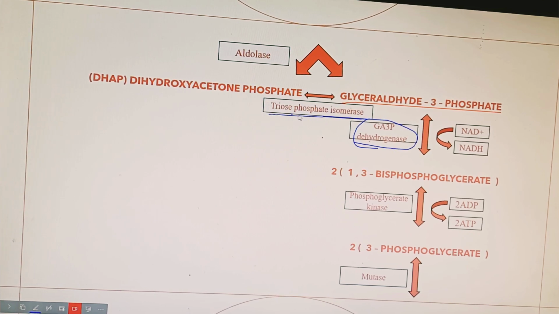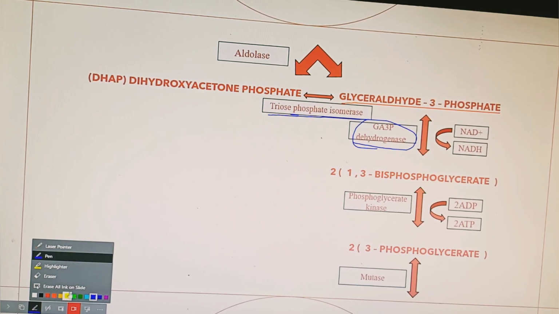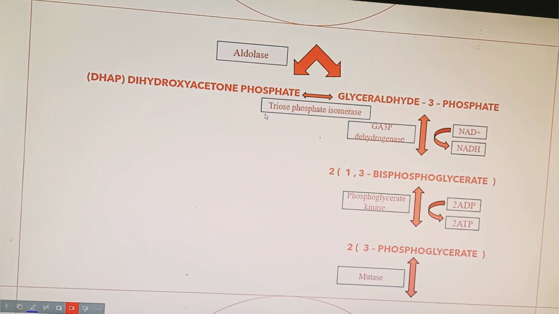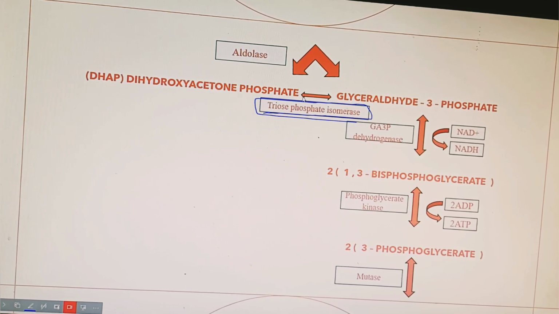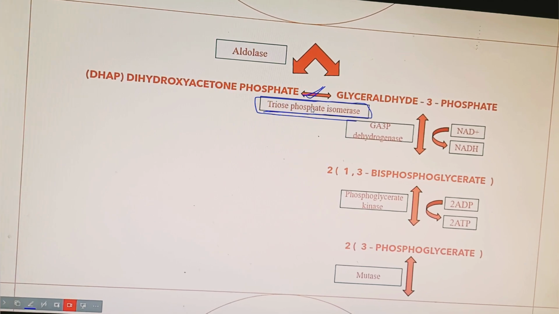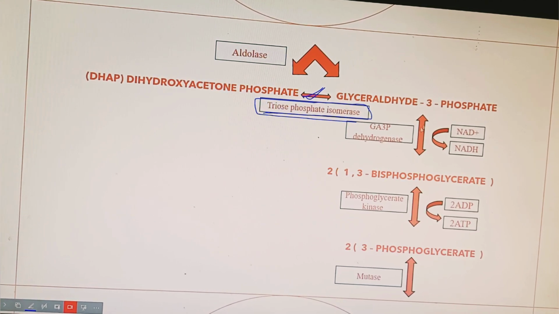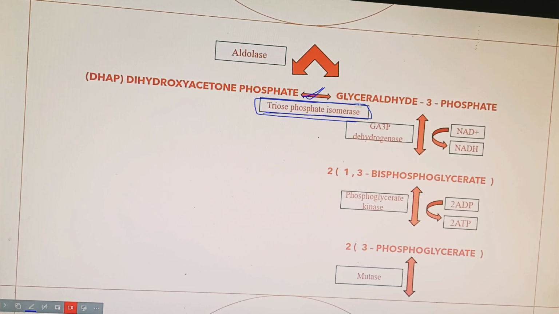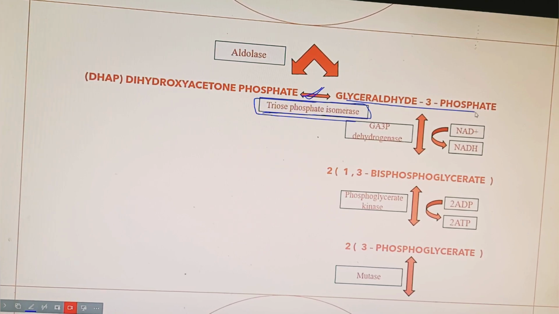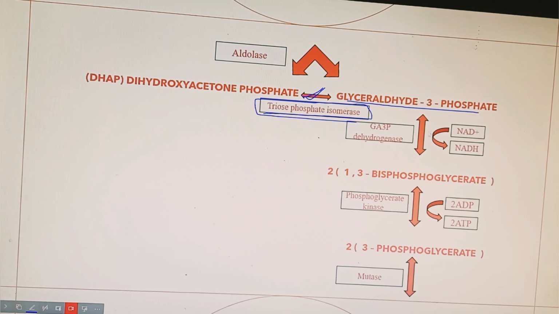This particular reaction is being catalyzed by the enzyme aldolase, and now both these 3 carbon molecules, that is dihydroxyacetone phosphate and glyceraldehyde 3 phosphate, are interchangeable within themselves with the help of the triose phosphate isomerase enzyme.